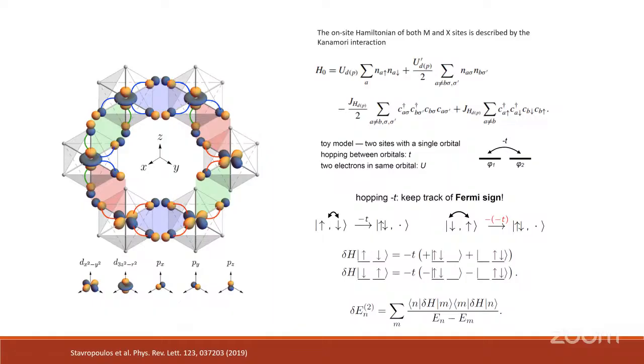And in each plane, for example this purple one, the d-z-squared orbital is able to overlap with the p orbitals on the ligand side.